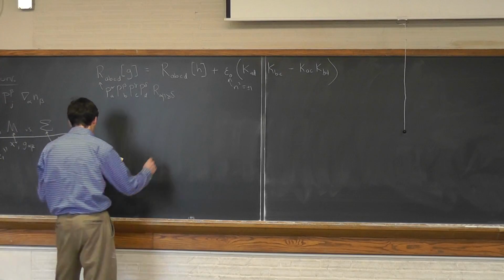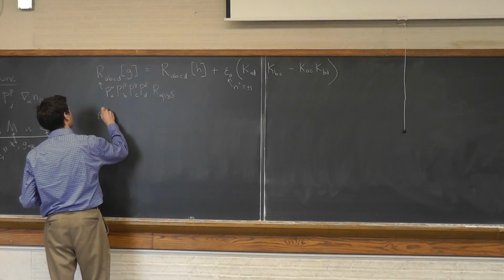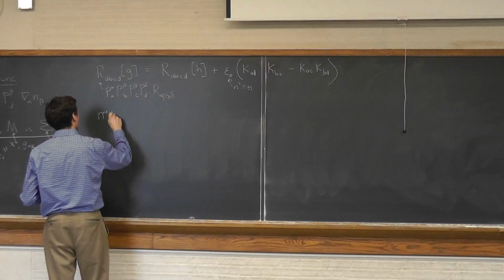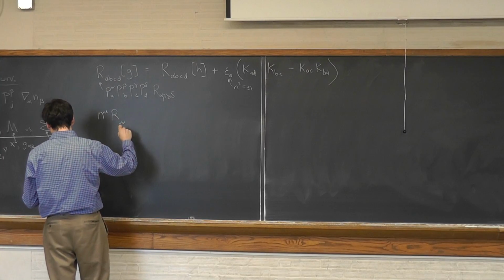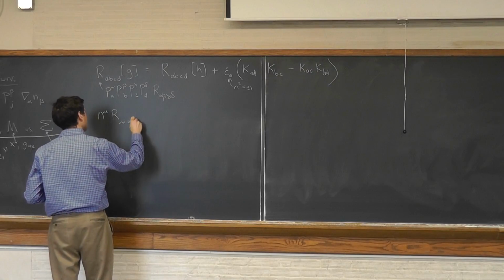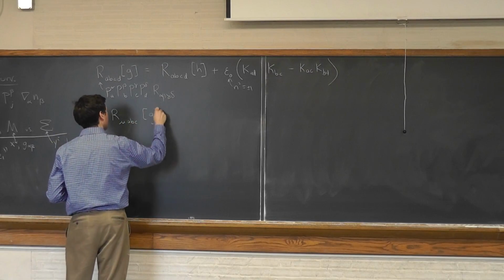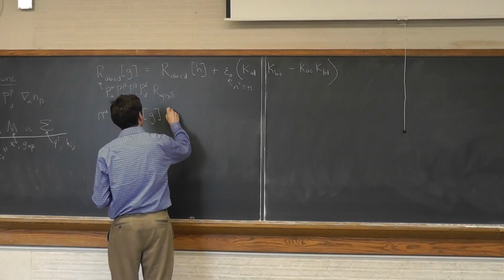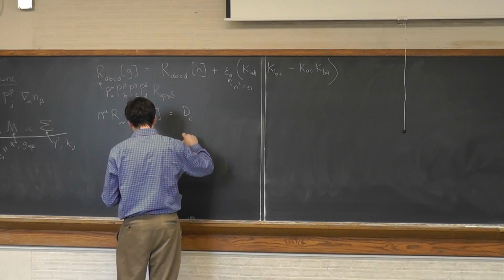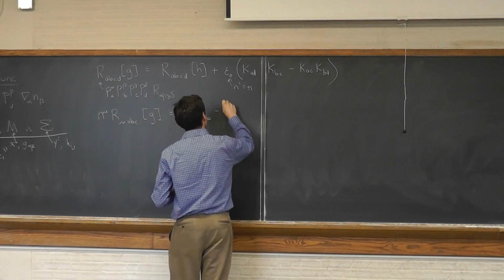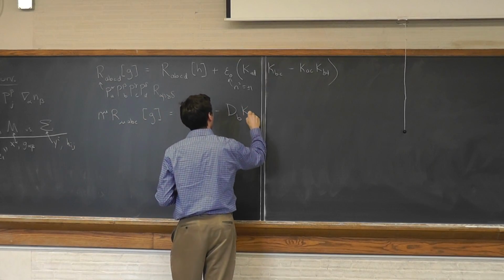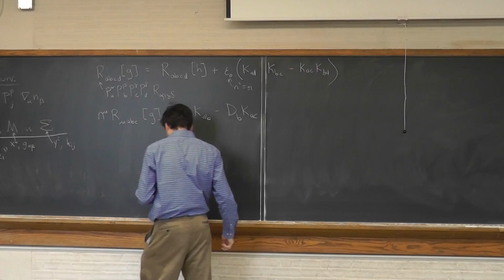The second one is for the single contraction of this formula: n^mu R_mu ABC of g is equal to D_C K_AB minus D_B K_AC.